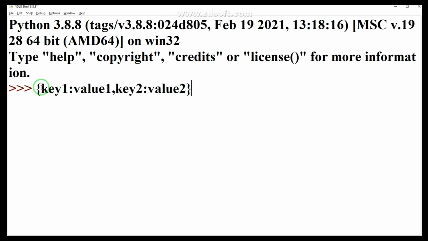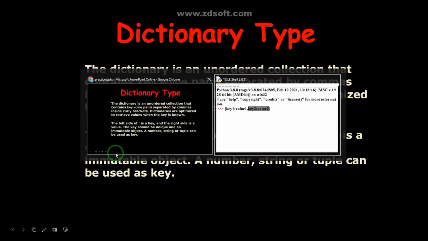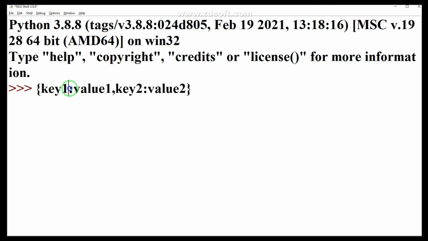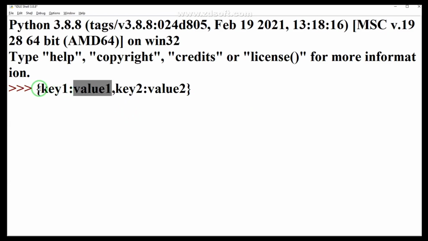Whatever key value pairs you mention in curly braces separated by commas will be called a dictionary. The left side of the colon is the key and the right side is the value. The key should be unique, meaning you can't have duplicates.